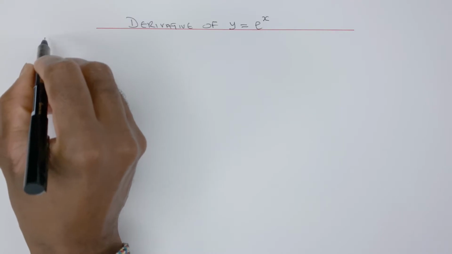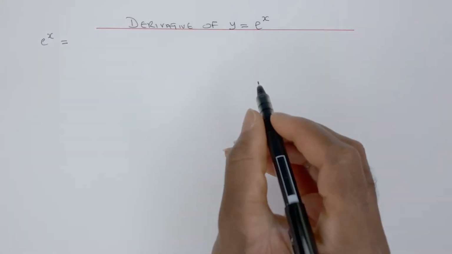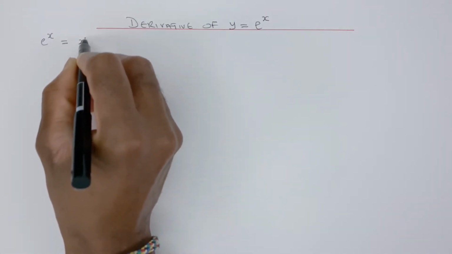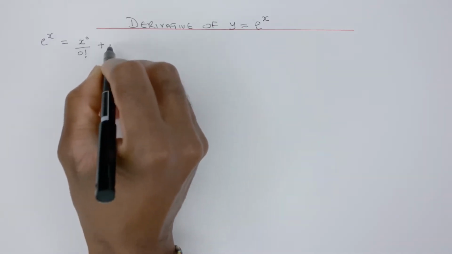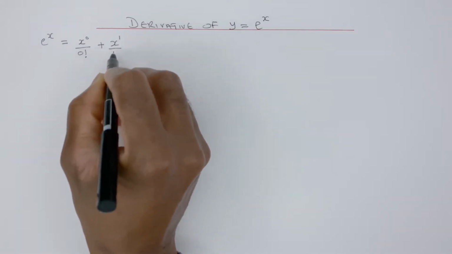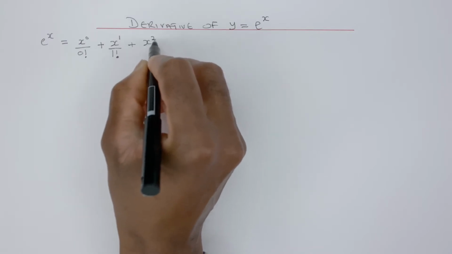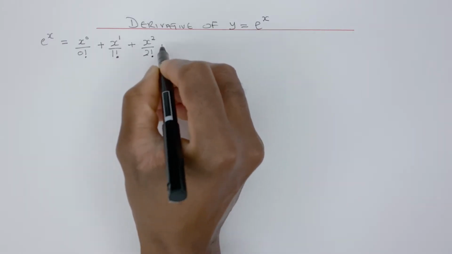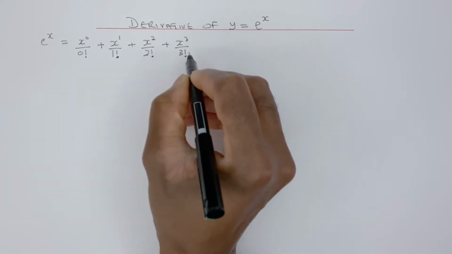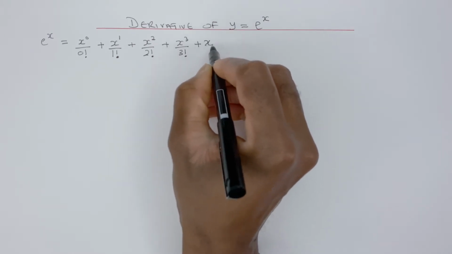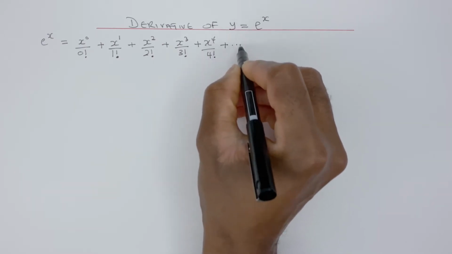Well, e to the power of x has a series expansion, which is x to the power of 0 over 0 factorial plus x to the power of 1 over 1 factorial plus x to the power of 2 over 2 factorial plus x to the power of 3 over 3 factorial plus x to the power of 4 over 4 factorial. You get a picture? Plus, and it goes on.